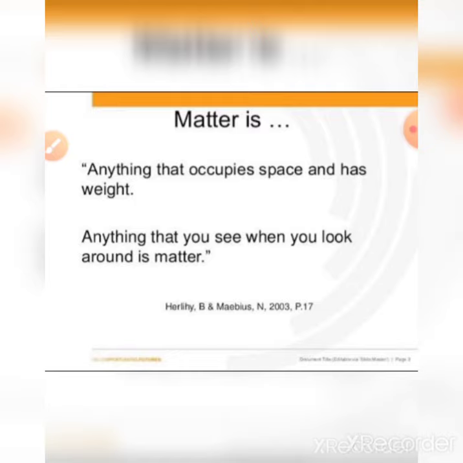Animals, plants, car, tractor, truck, land, trees, fruits, seeds, anything which you can see, like a pen, your mobile, your headphone, table, chair. And when you feel mass, that is also matter.